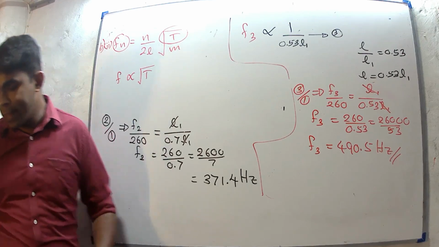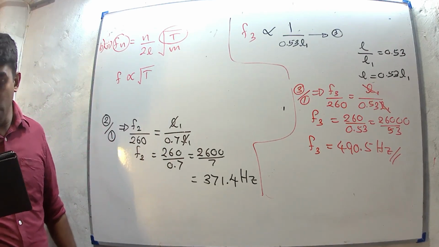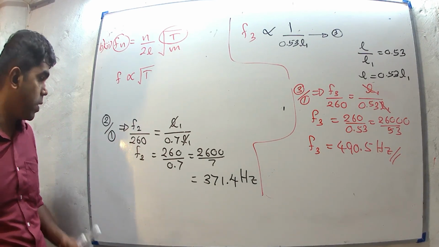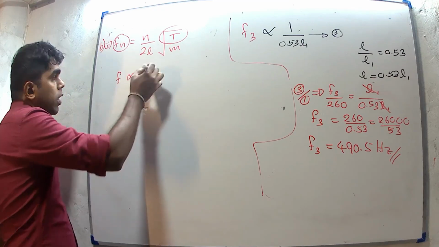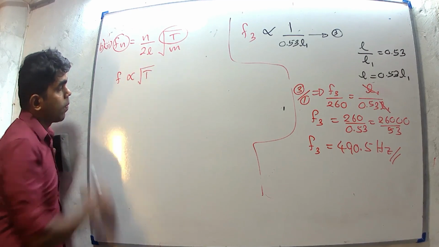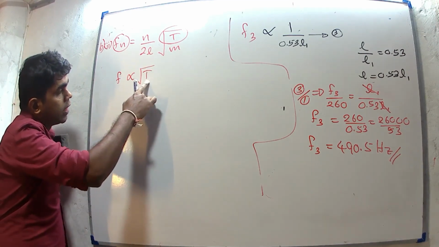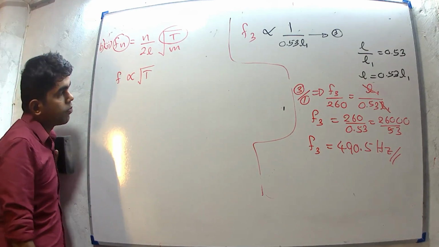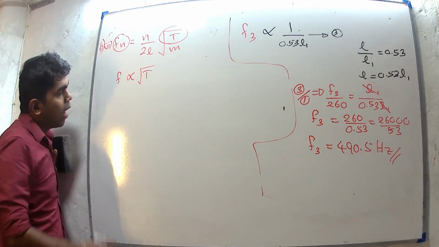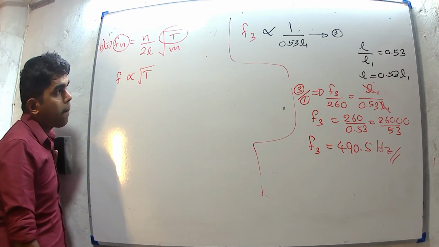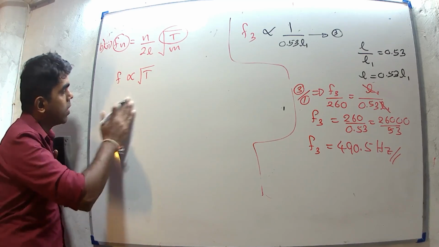Now we have to get a frequency change of 1%. I will consider the initial tension is T. Then the tension is T, frequency F. Now we have to change the frequency by 1%.